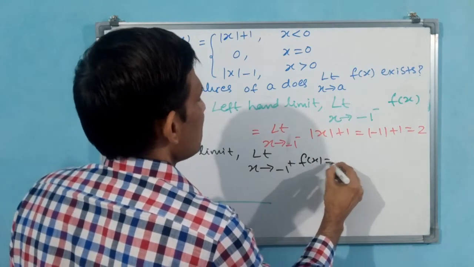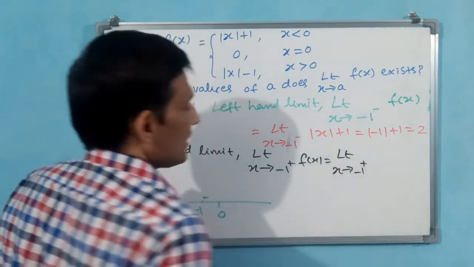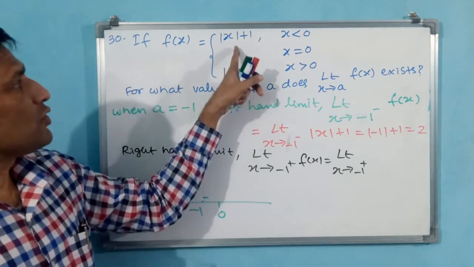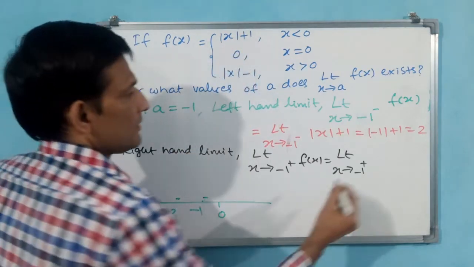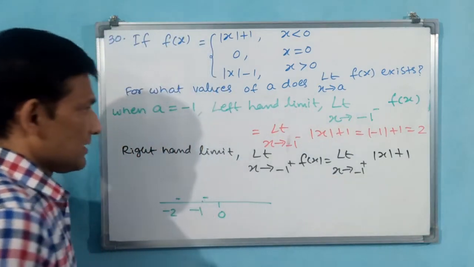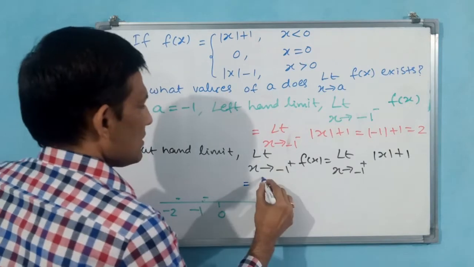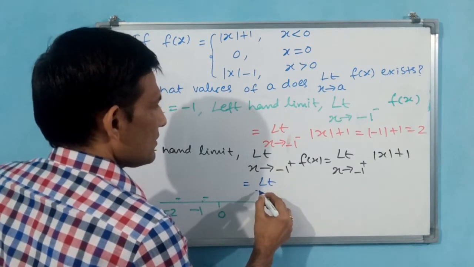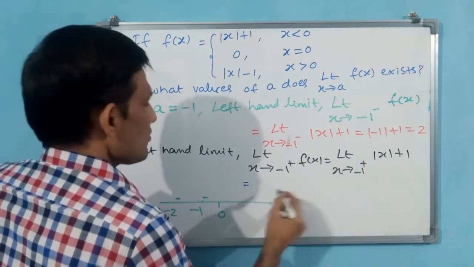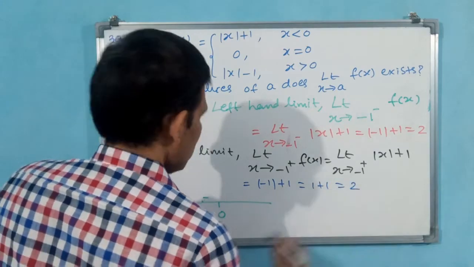Now you tell me, -1 plus means less than 0 only, so this only you have to take: modulus x plus 1. Now you directly substitute. You need not write again, I have already written. -1 you substitute: modulus of -1 plus 1 is equal to 1 plus 1, that is equal to 2.